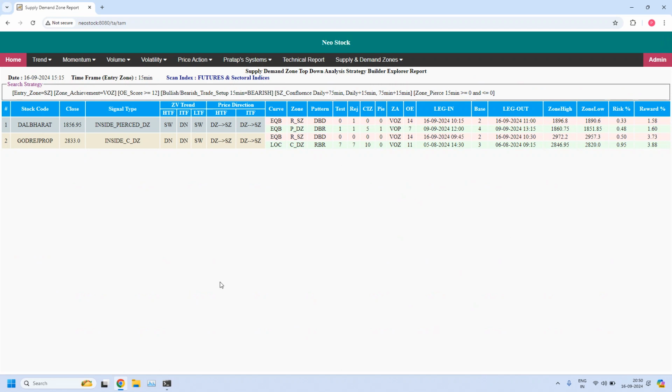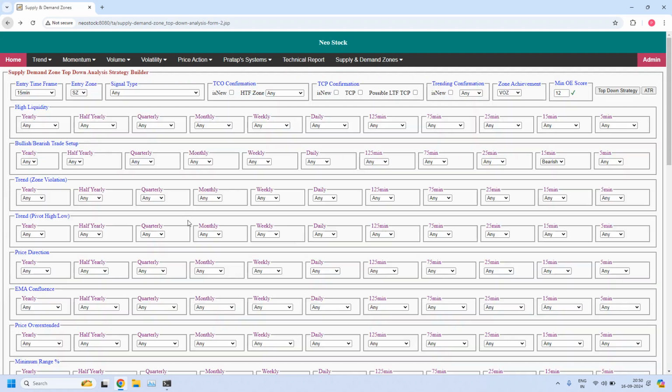That means 15 minutes and 75 together is part of the daily zone. So 15 is there inside the daily zone. And this daily zone is having daily EMA confluence. It's a high probability trade setup for Godrej Properties. Dalmia Bharat doesn't give any additional advantage because the trend is sideways.